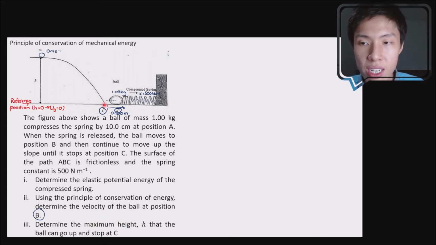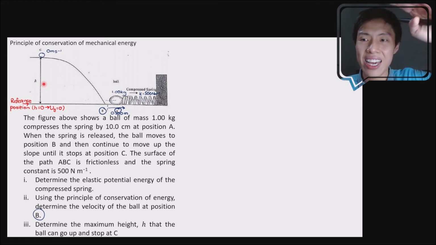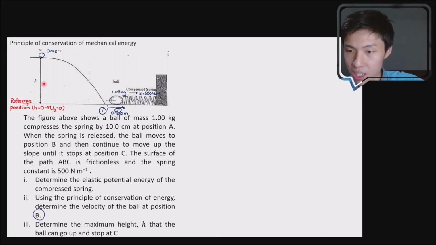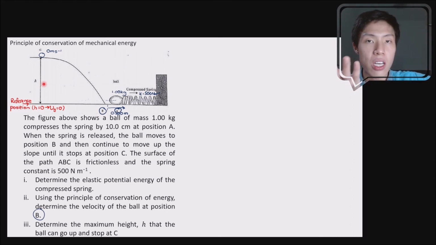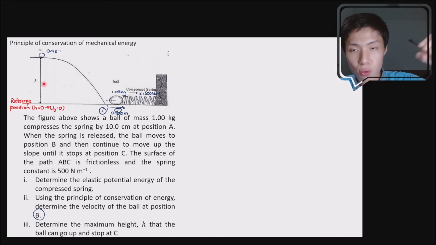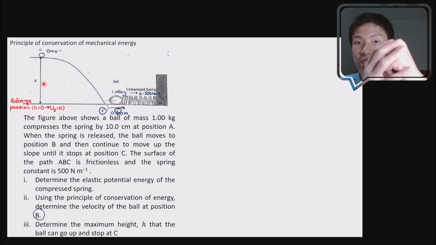So this hill here has a height of h. Let's say the hill is not so high. Then the ball is coming towards the hill with a certain kinetic energy.